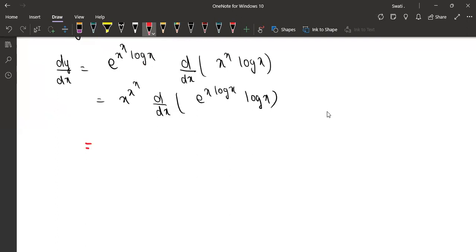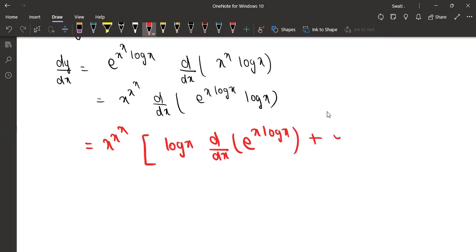So this will become x raised to x raised to x, and here by product rule, I'm keeping log x constant and doing the derivative of e raised to x log x, plus keeping e raised to x log x constant, right? And then doing the derivative of log x.